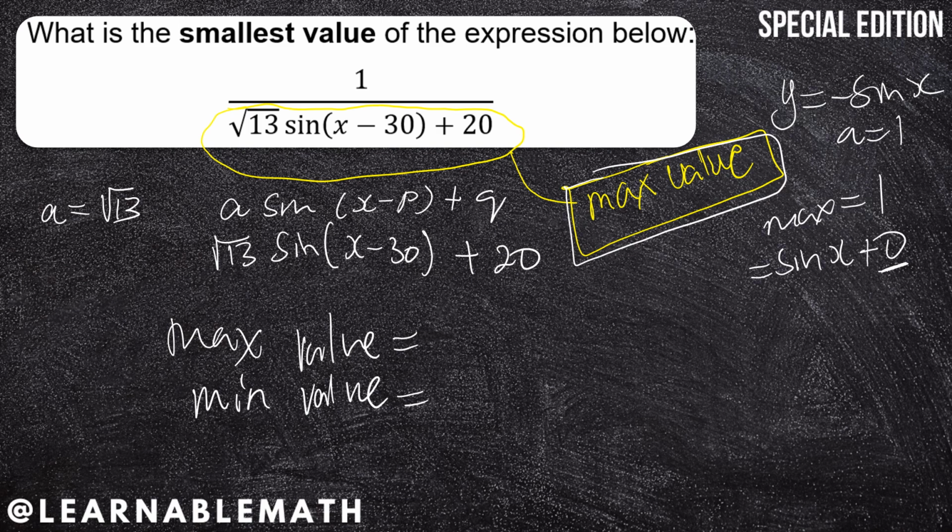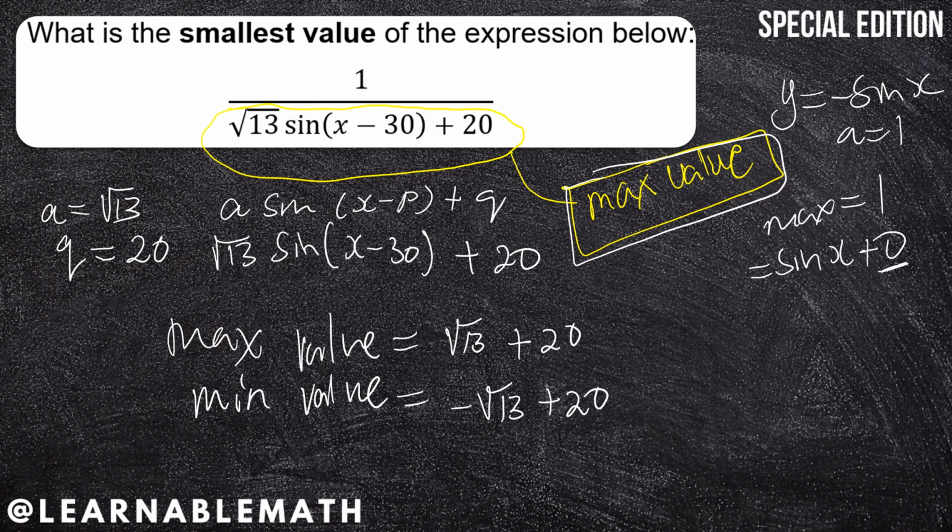So our a, the amplitude, is root 13, and our q, the shift, is 20. So the maximum value in this function will be root 13 plus 20, and the minimum value will be negative root 13 plus 20.